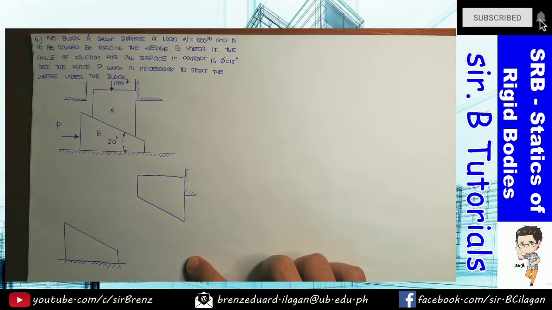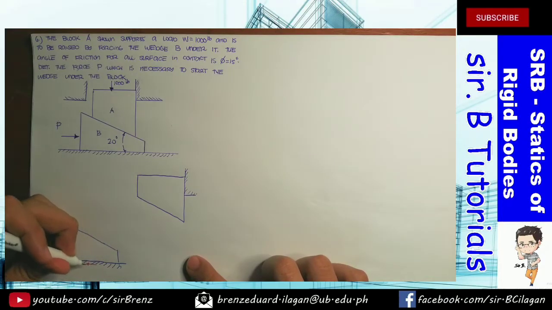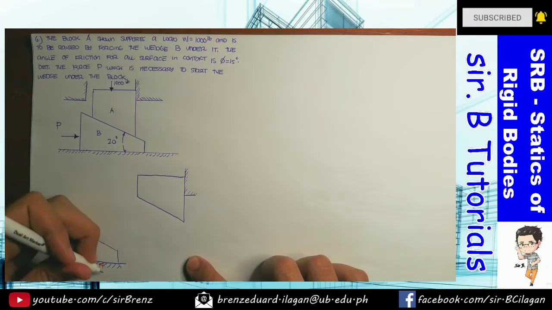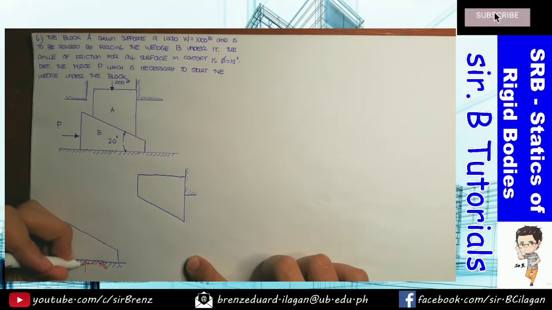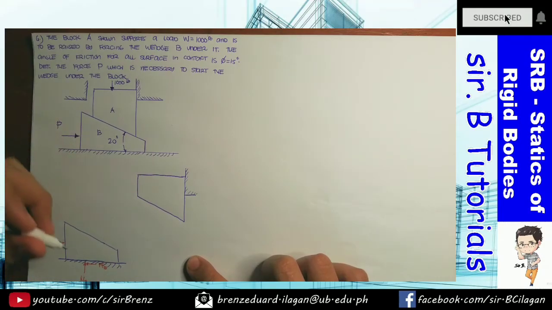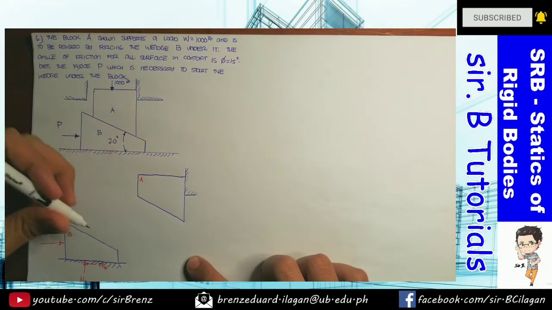So analyze natin yung mga given na internal forces. First we have an external force of P here, which is the unknown. And if this is going to the right, therefore the frictional force here should go to the left. So frictional force of B with respect sa ground, gawin na lang natin B yan. And then you have here a normal force B.